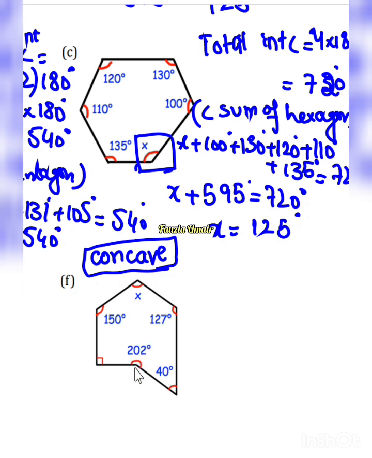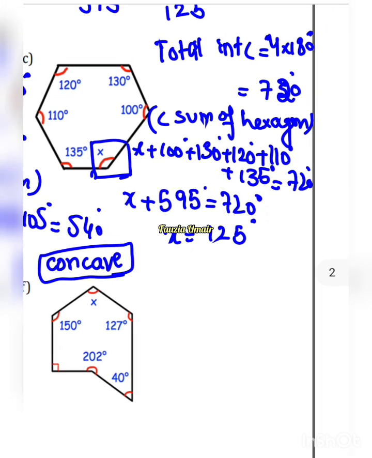So this is a reflex angle, so it's a concave polygon. Now let's look at this. How many angles are there? 1, 2, 3, 4, 5, 6. 6 angles. So it's again a hexagon basically. So I know that I have just calculated that the total interior angle is 720.